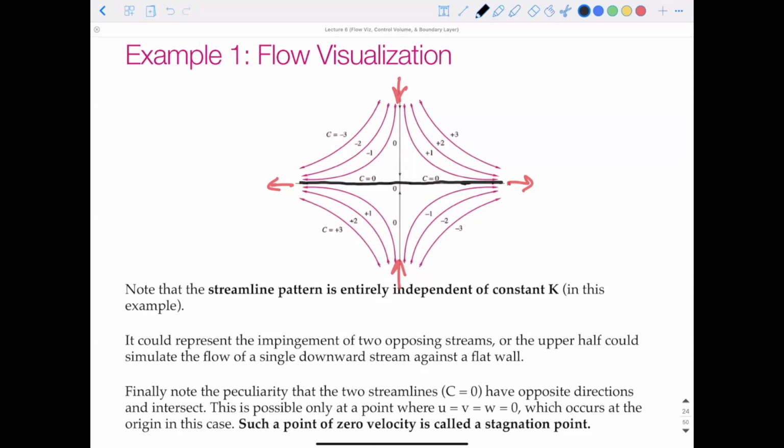It could be a fluid flow just hitting a flat plate. The point where we would have zero velocity, right here, where v is equal to 0, is what we would call a stagnation point. And we'll talk more about that later.